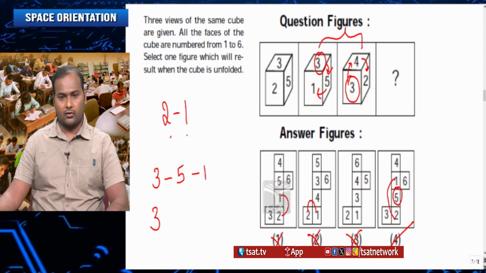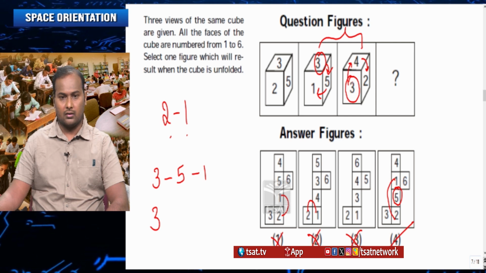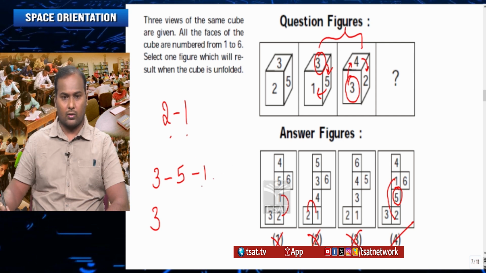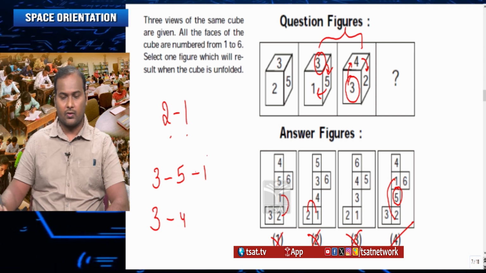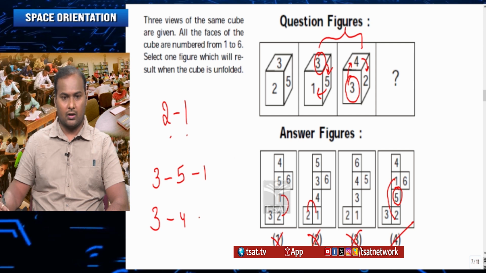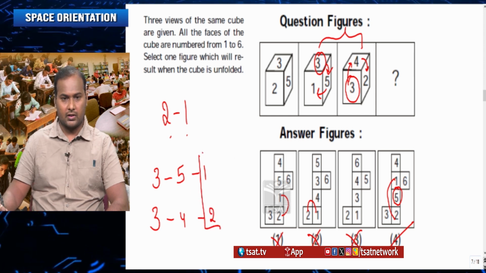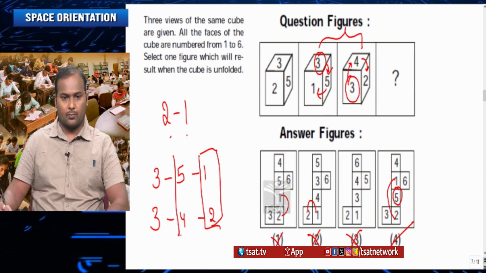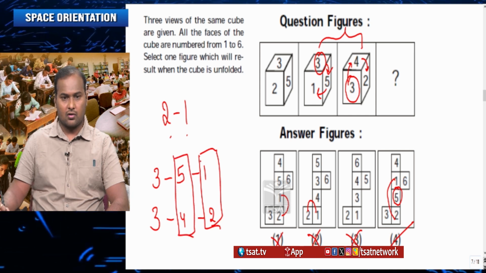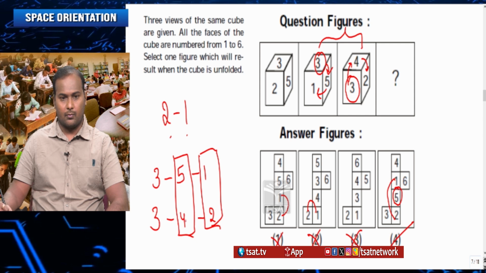In the next cube, from the common 3, if I move clockwise, I got 4, and again if I move clockwise, I got 2. So once you get this, you know that 1 opposite is 2 and 5 opposite is 4.